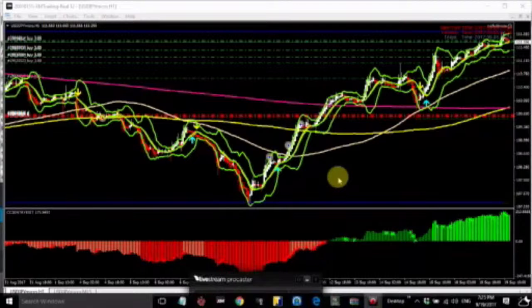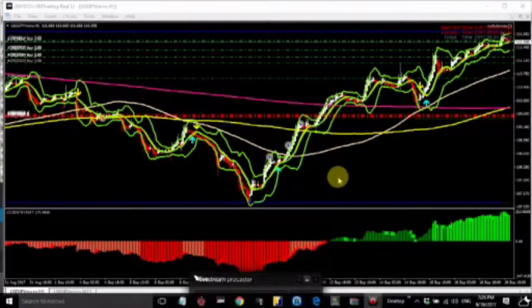So now, how do you become profitable with moving average? Before I tell you that, I want to tell you one thing first: the disadvantage of moving average. With moving average, the tendency that you are going to miss your entry is 90%.